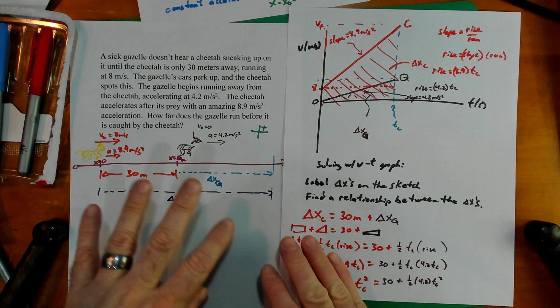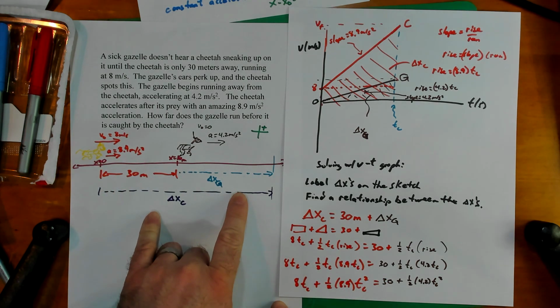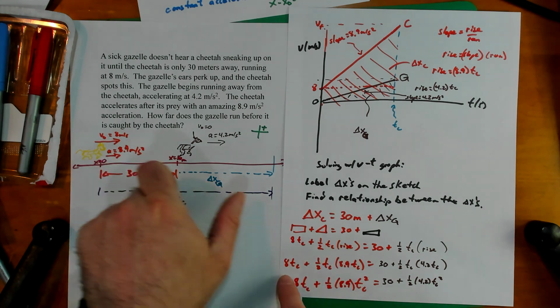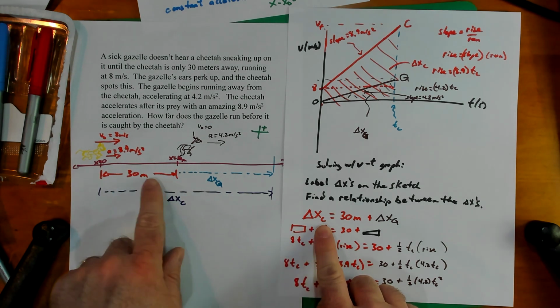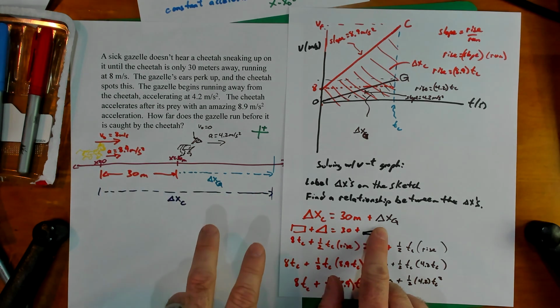Again, you make the sketch, you label everything, and then you make sure you label in the different displacements, because you're going to use these to find the relationship between those lengths. That was this delta X cheetah is 30 meters, this is 30 plus delta X gazelle.